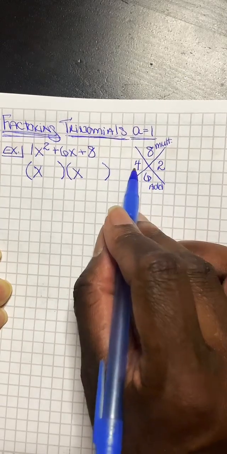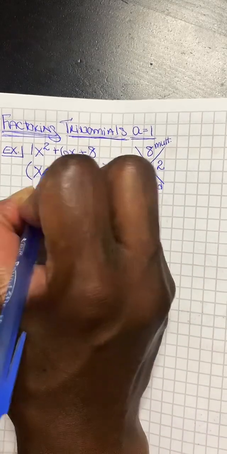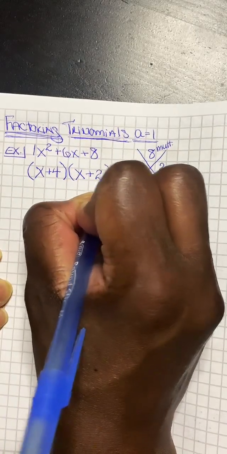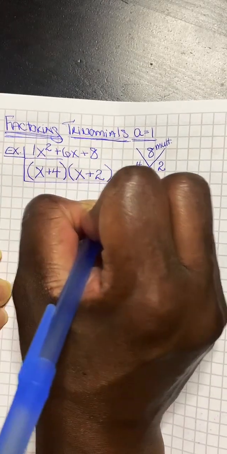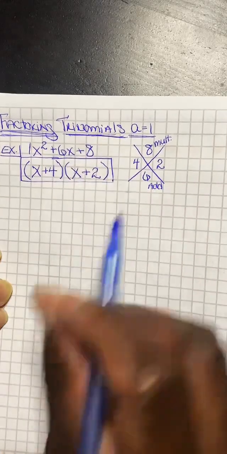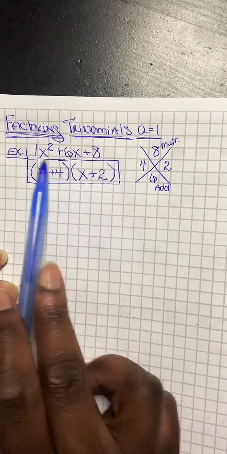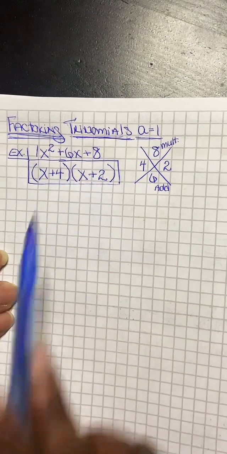So since both of them are positive, here I go inside here. I'm going to put a plus 4 and then a plus 2. These are the factors of my original expression, not equation, because there's no equal sign. This is an expression of x squared plus 6x plus 8.